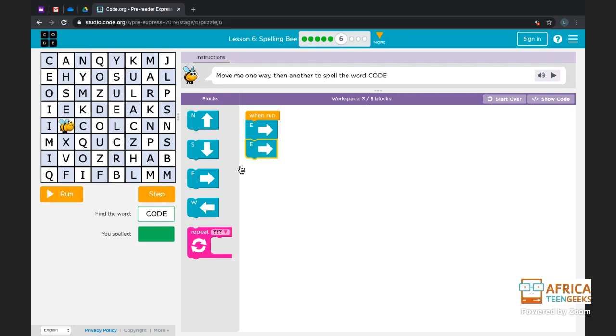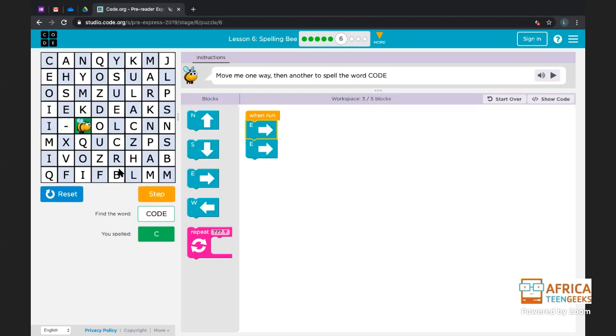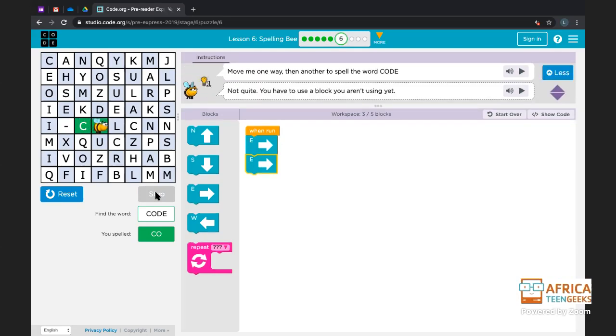Okay, let's step so we can see what the little b has done with the code that we've written. So she stepped once to the right and another time to the right. Where do you think we need to go next?